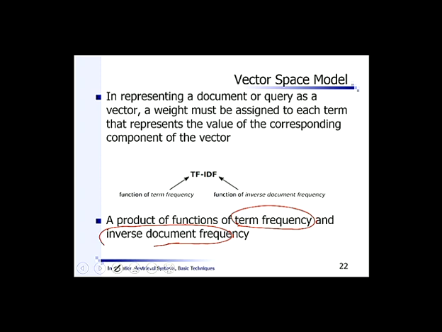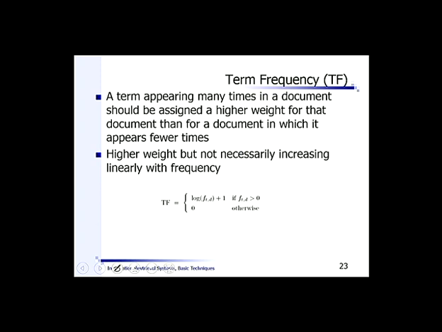What is the concept behind TF and IDF? Let's see. For term frequency, the idea is very simple. If there is a document in which a certain term appears less number of times, it should be considered less relevant to that term. If a term appears more number of times, the document should be considered more relevant to the term, right? Very simple concept.